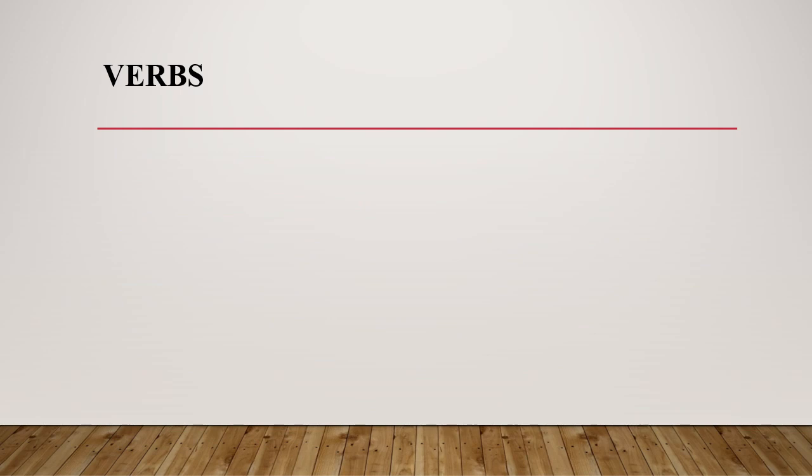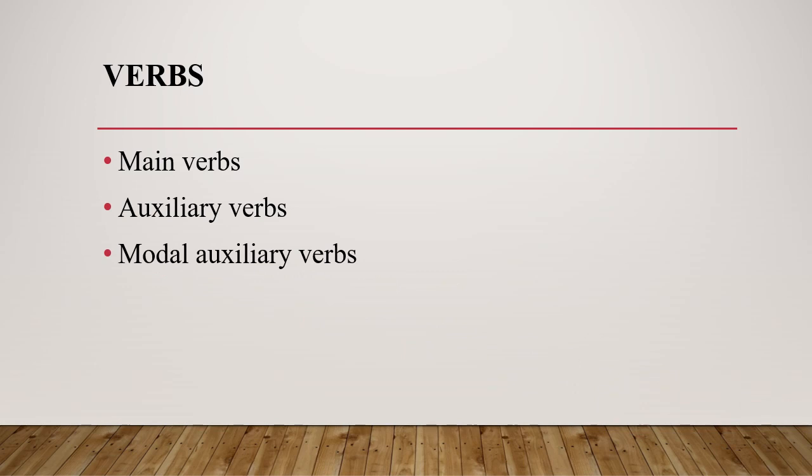Let us move to another term of grammar, that is verbs. There are some kinds of verbs: main verbs, auxiliary verbs, modal auxiliary verbs, transitive verbs, and intransitive verbs.